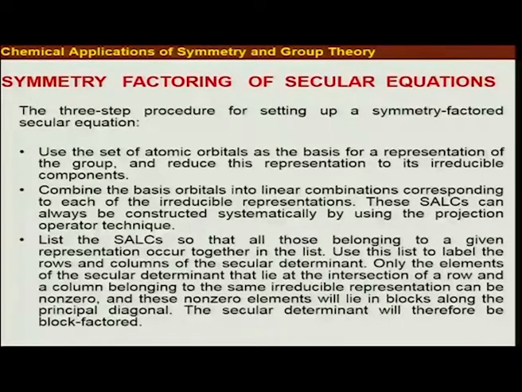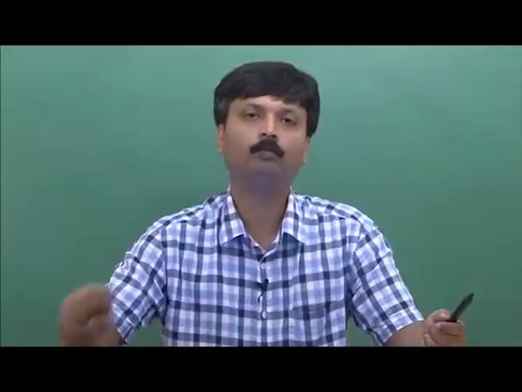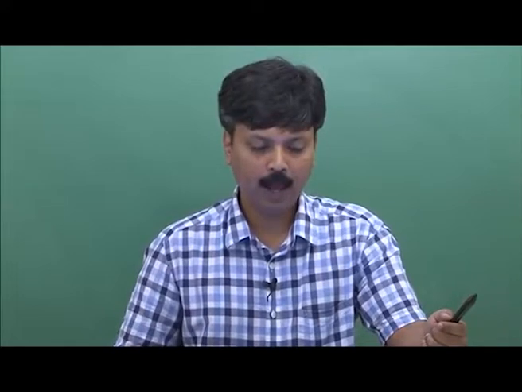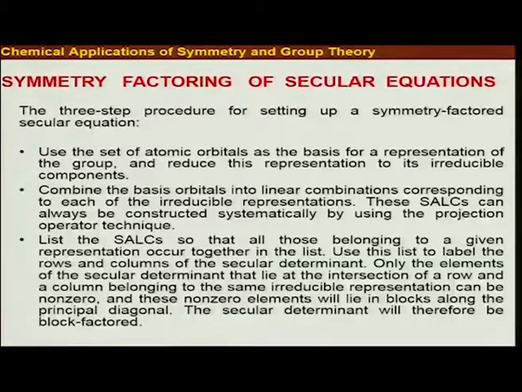After getting the symmetry properties, you club together the SALCs belonging to the same irreducible representation. Suppose I find three SALCs transform as one particular irreducible representation, then you club them together, form the secular determinant, solve it, apply the Huckel's approximation, and solve for the energies.